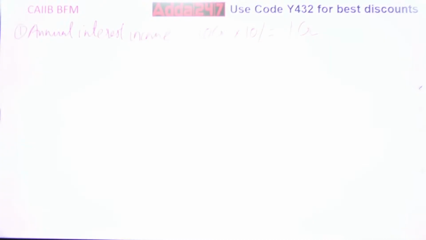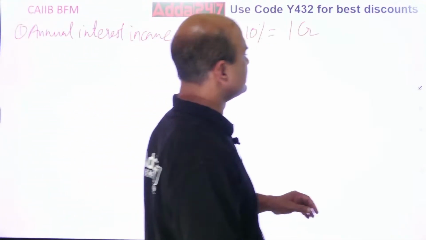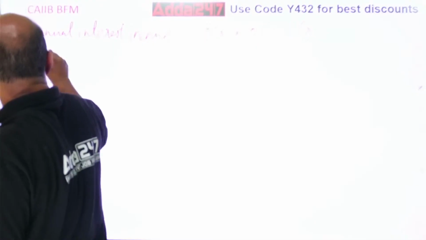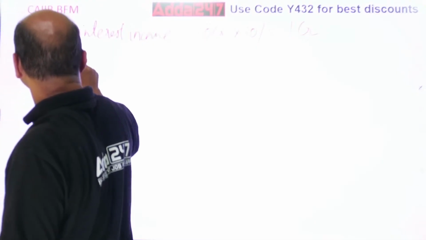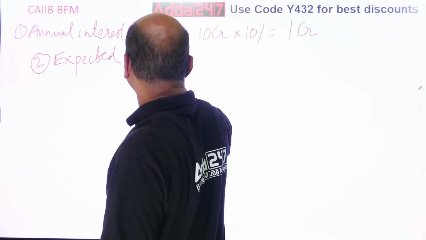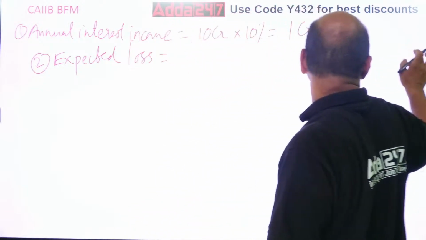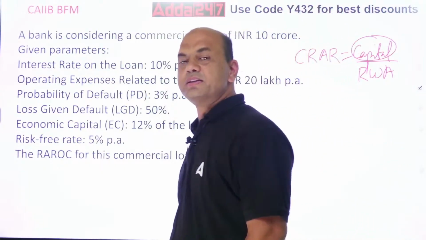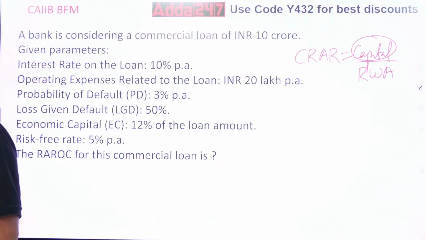Now what is the next one? Expected loss. Probability of default is given as 3%. But 3% on what?